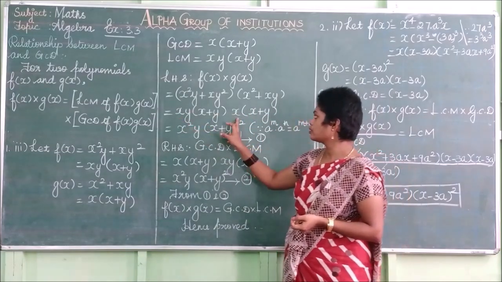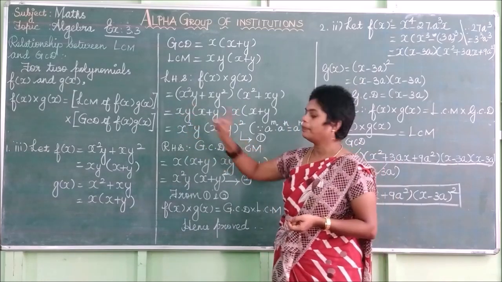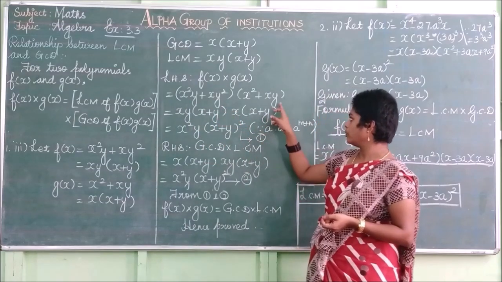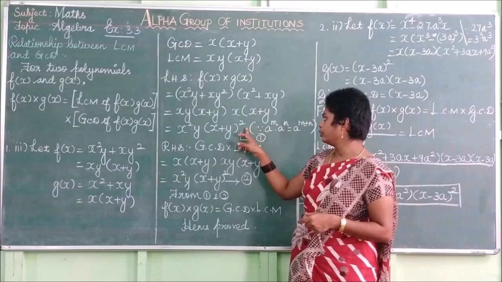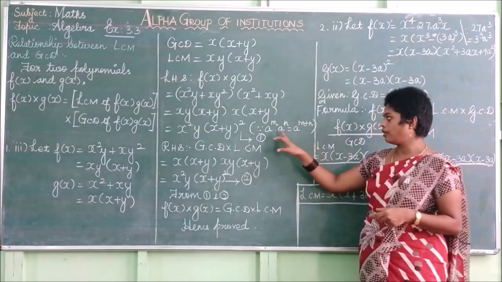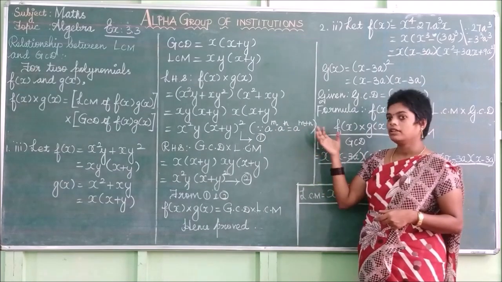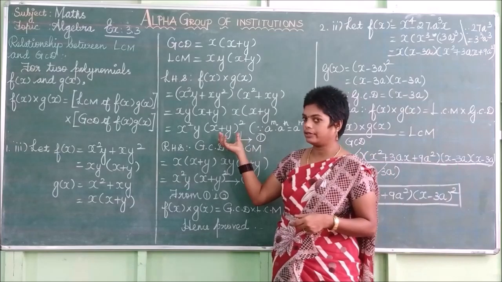So x power 1, x power 1 gives x squared, y had power 1 only, so y. Then x plus y 1, x plus y 1, both must be added and we get x plus y whole power 2, which is in the form a power m into a power n, where for the same base you add the powers.